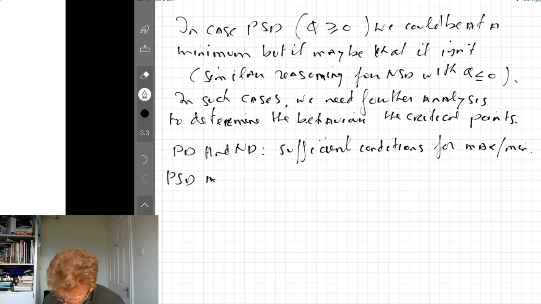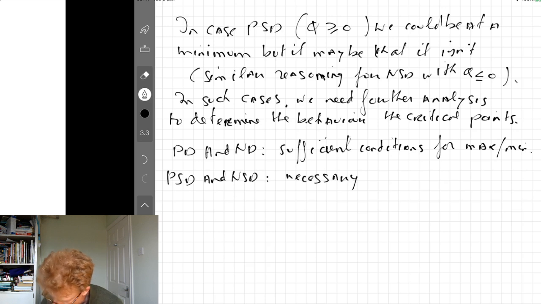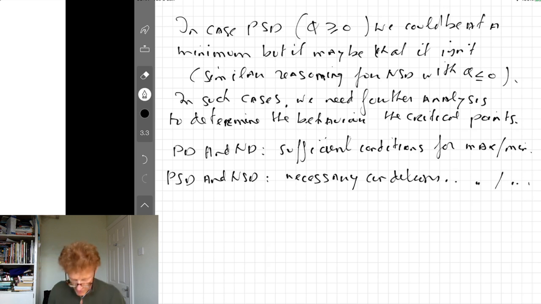PSD and NSD are necessary but not sufficient conditions for a maximum or minimum, so we need to do more analysis.